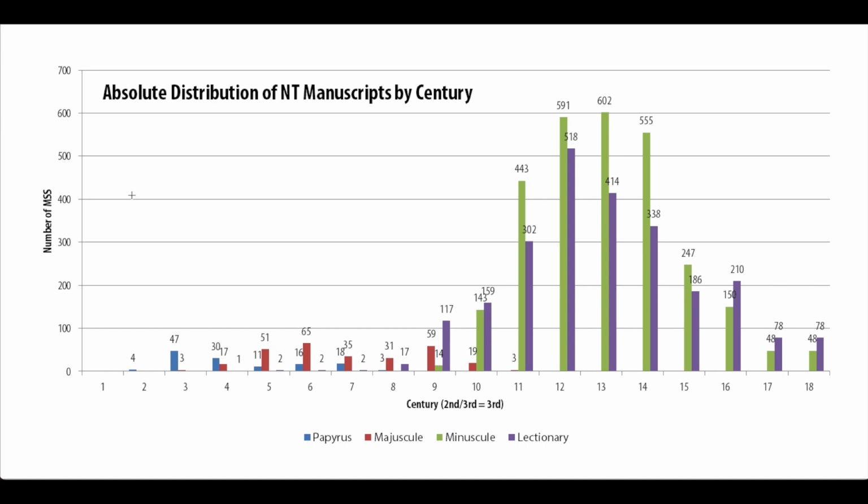In fact, we found 4 manuscripts here that were fragmentary pieces of manuscripts, 47 here in the 3rd century, these like the 200s, 30 here, 17 of the majuscules. I mean, you can look up what these words mean, but we found a ton of stuff here.